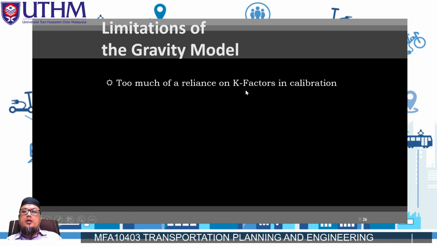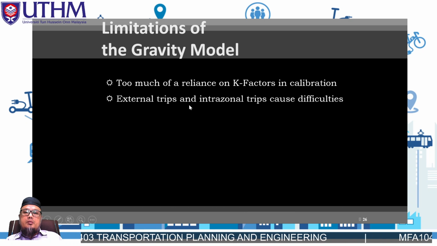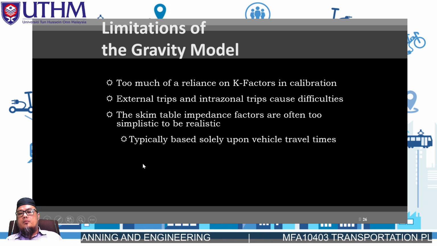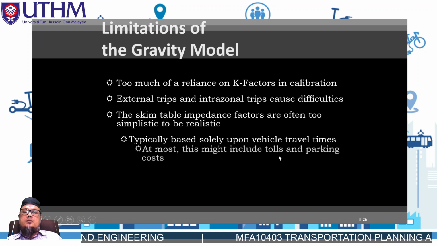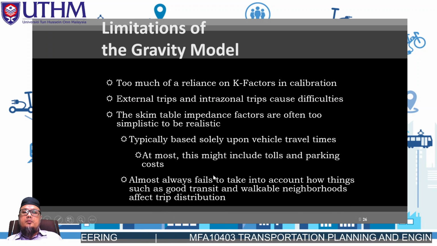Too much reliance on K factors in calibration; external trips and interzonal trips cause difficulties in scaling the table. Impedance factors are often too specific to be realistic. Typically based solely upon vehicle travel times. At most, this might include toll and parking costs.